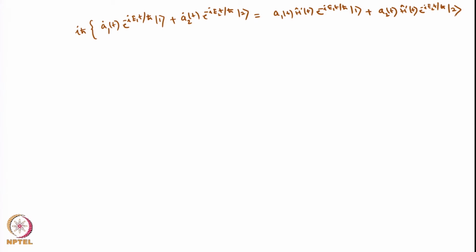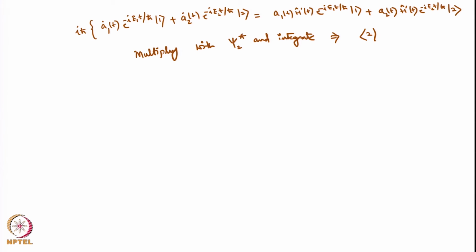So, that was the equation that we started with. Multiply with ψ2 star and integrate. Okay, this is equivalent of 2.